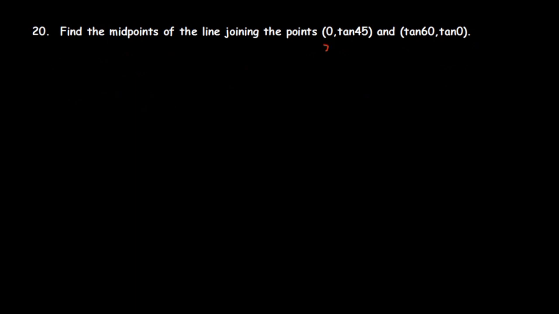Find the midpoint of the line joining 0 comma tan 45 degrees and tan 60 degrees comma tan 0 degrees. So as usual we take this as x1, y1, x2, y2. As per the midpoint formula, x1 plus x2 by 2, then we take 0 plus tan 60 by 2, and y1 plus y2 by 2.